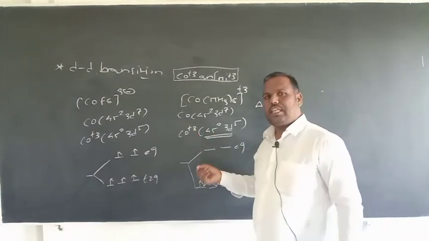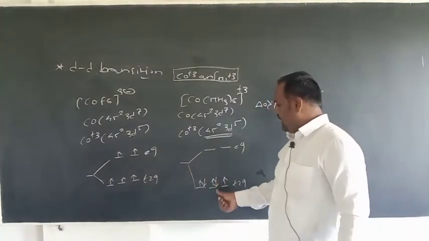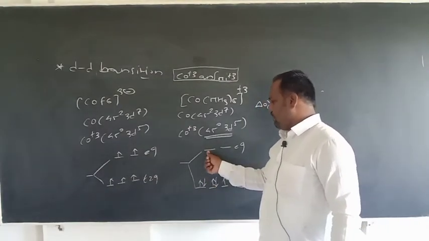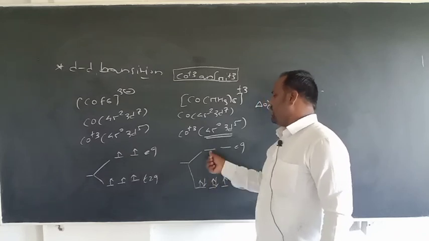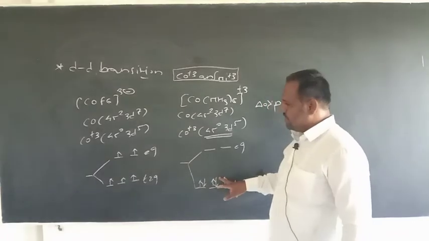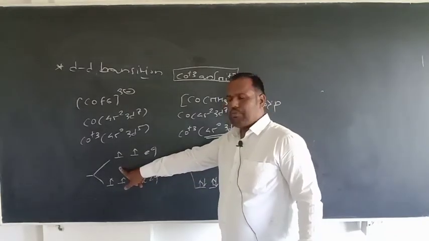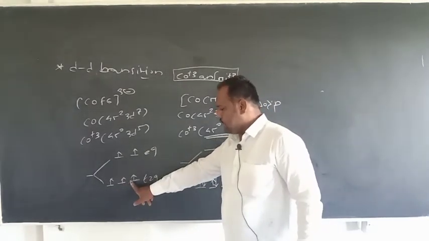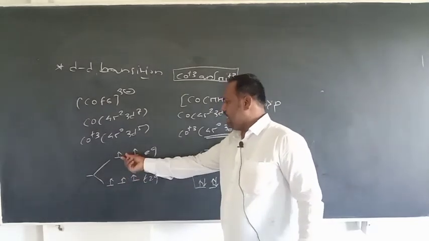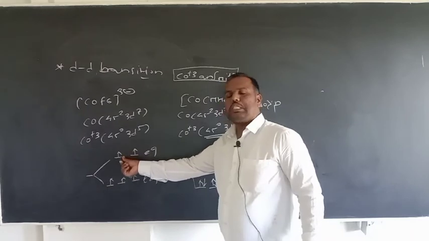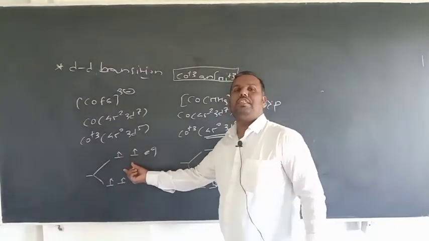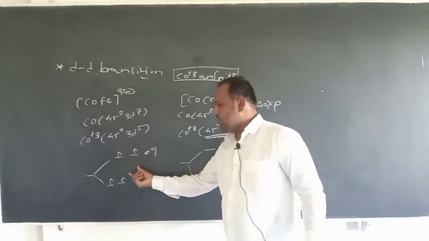If this electron is transferred into the Eg orbital, its spin is minus half, and after excitation the spin is also minus half. So in the weak field ligand case, after absorption of light radiation, the electron goes into a higher energy orbital and its spin gets changed, and due to this the transition is a spin forbidden transition.